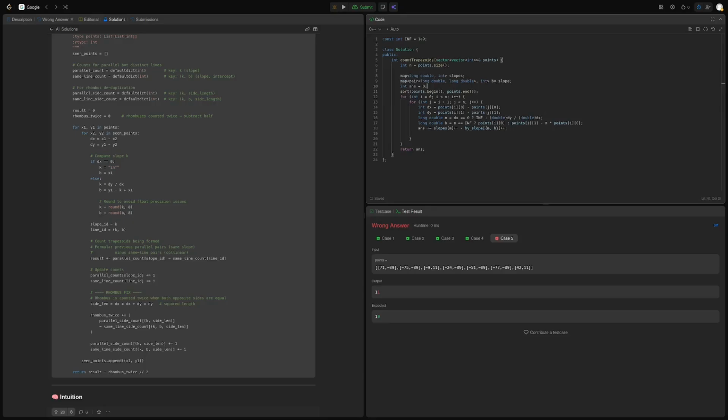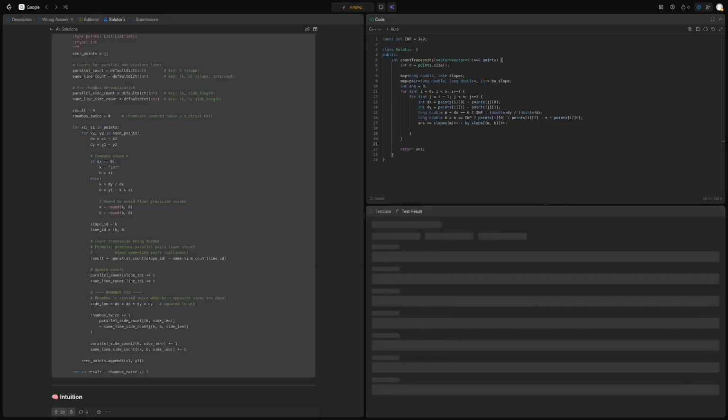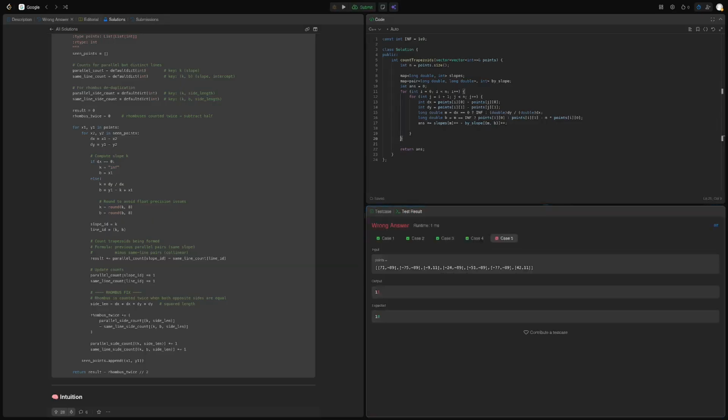So this is for storing guns. Maybe we can skip the point sort. Yeah, and let's see.